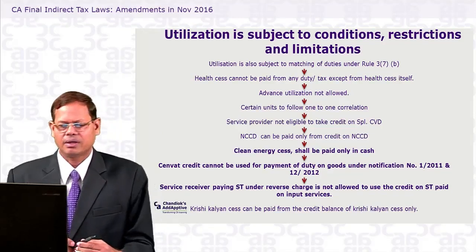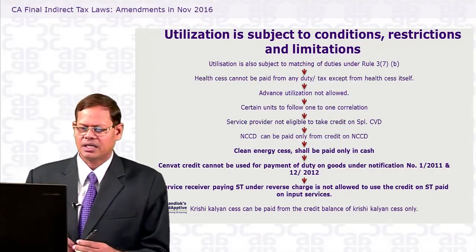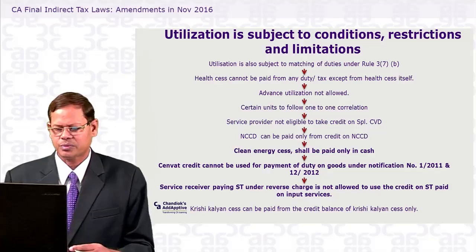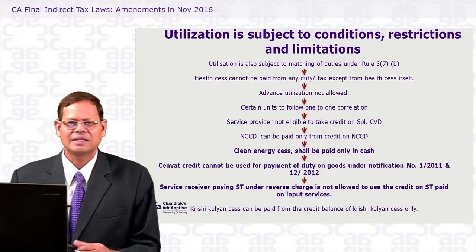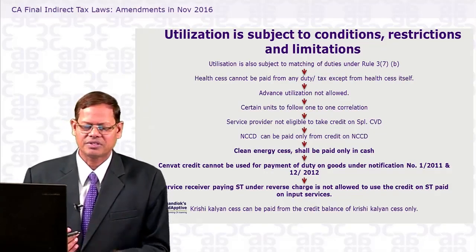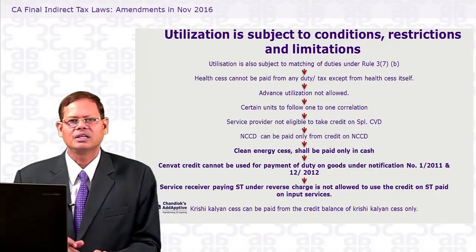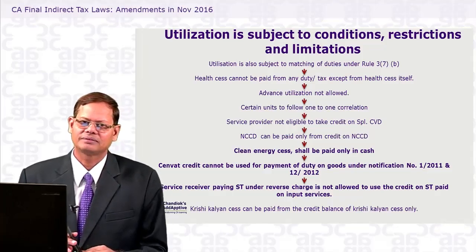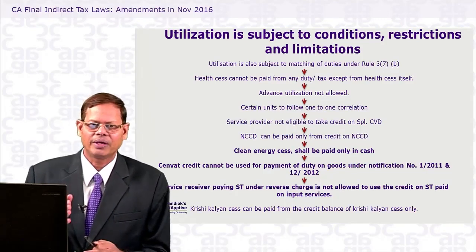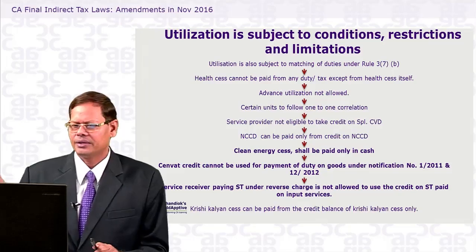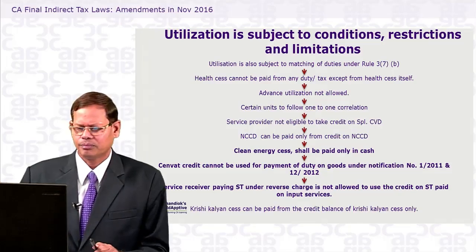A service receiver paying service tax under reverse charge is not allowed to use the credit on service tax paid on input services. See, a service receiver paying service tax under reverse charge means it is input level service, right? Under reverse charge you are paying on input services.